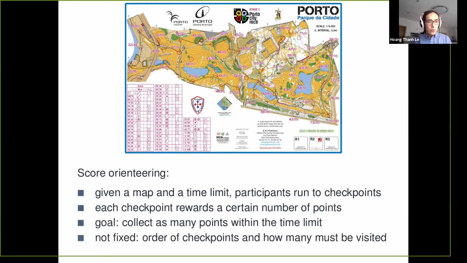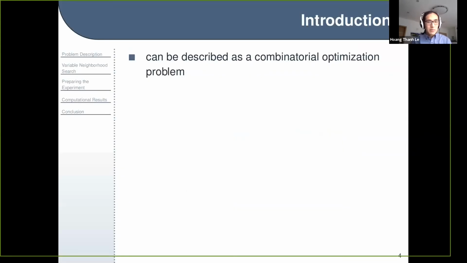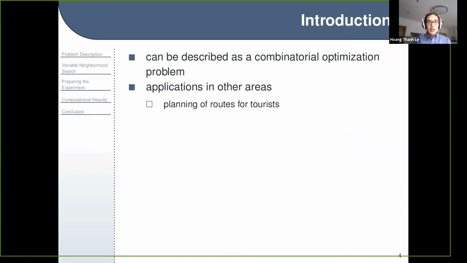However, the order in which the checkpoints must be visited, as well as how many must be visited, is not fixed. So it is necessary to plan the route beforehand. It can be easily seen that this is a combinatorial optimization problem, and it also has applications in other areas besides the actual sport. For example, when we want to plan routes for tourists.